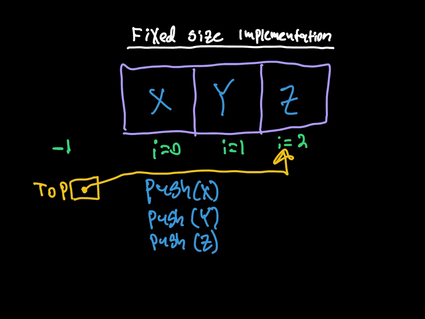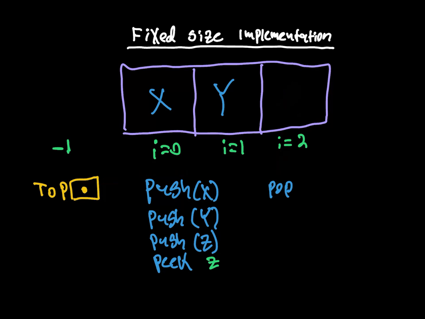If we wanted to do peek, we would look at what top is pointing to. It's pointing to index 2, and we have Z there. So it would return Z. If we did a pop operation, that would delete Z and decrement top.